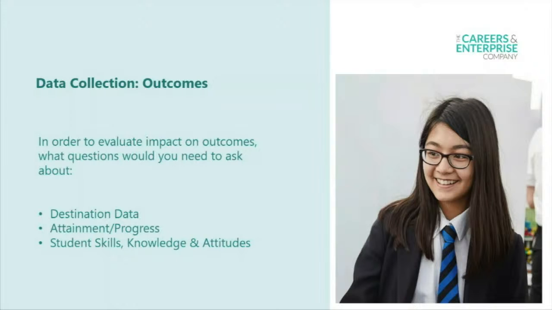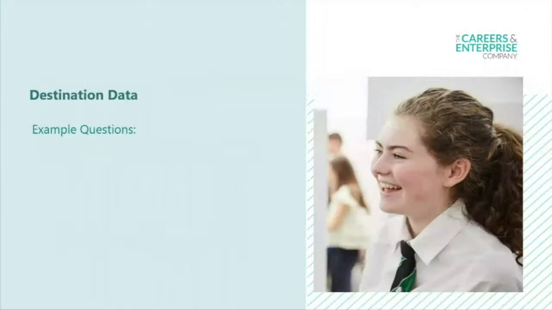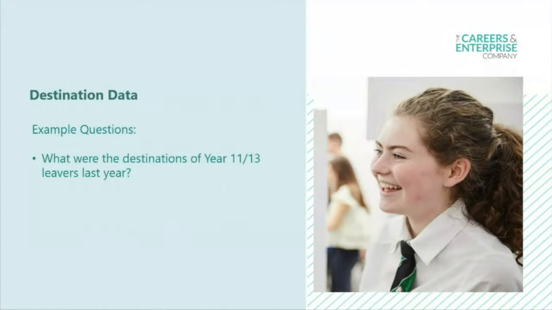So have a look at these questions and then think, are there any other questions that you would ask? But also, are there any questions that you're not sure about? These are some questions that you could ask yourself and start to note responses to. Starting quite straightforward: what were the destinations of 11 and 13 leavers last year?